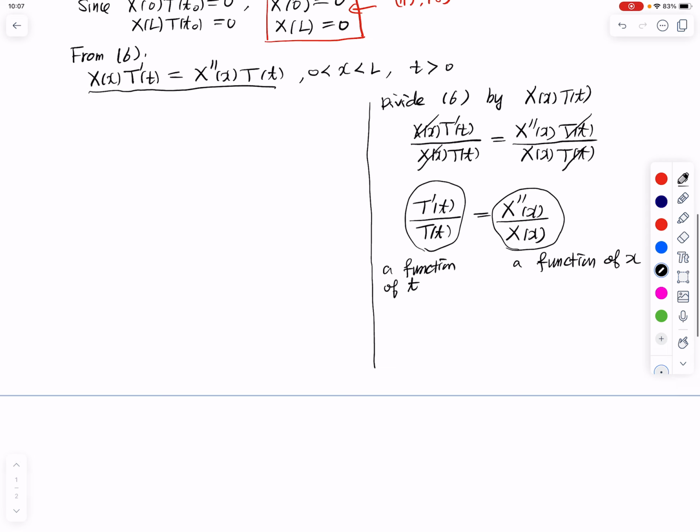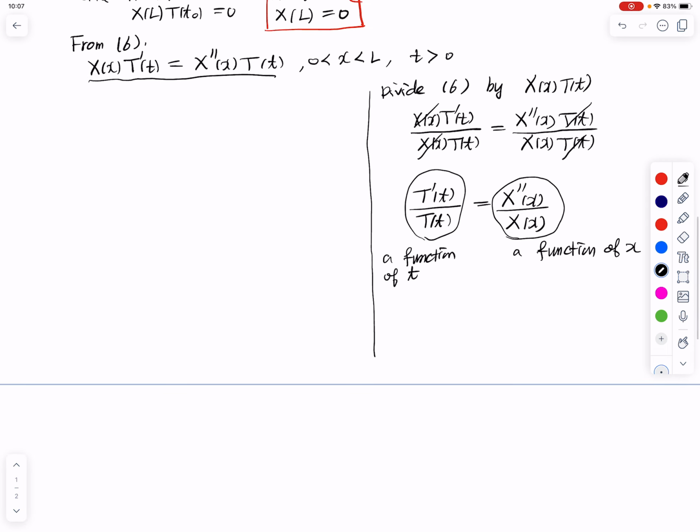So you have two functions. One function is a function of t. The other function is a function of x. They are the same. So then the only possibility is that these are constant. So this implies this should be constant. I just put minus lambda. Well, you can put lambda, but just my choice.